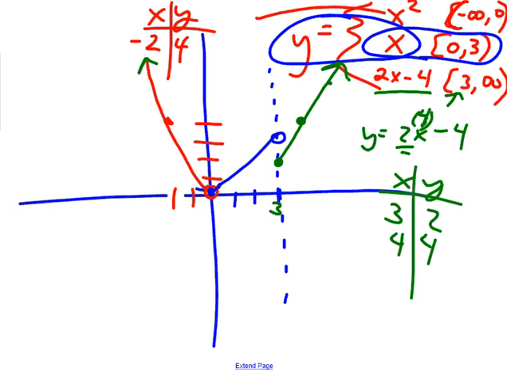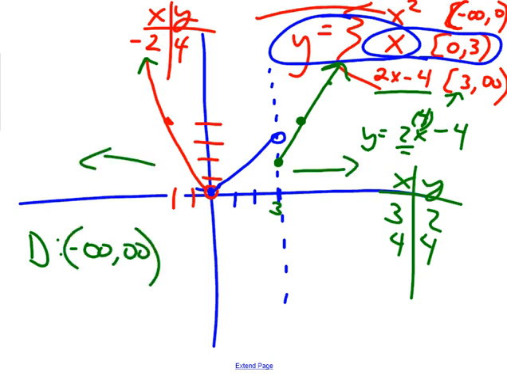Now, this is a little strange. What's the domain of this piecewise function as a whole? Domain, yes. Yep, negative infinity to positive infinity, because it goes forever in both directions and never has a gap. You might think this is a gap, but that's not a gap on the x.